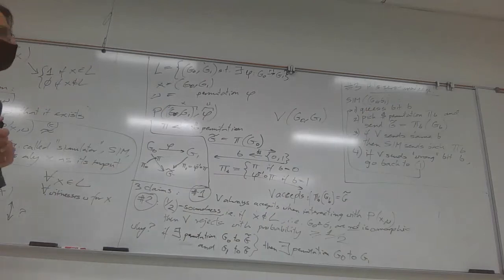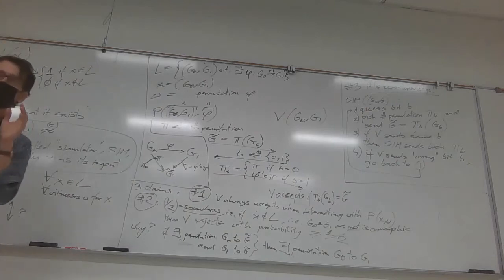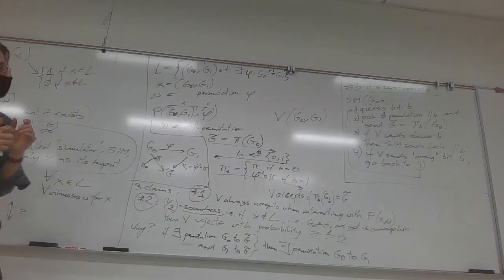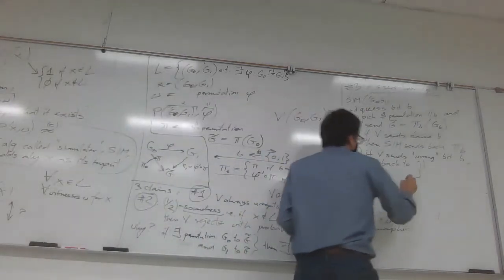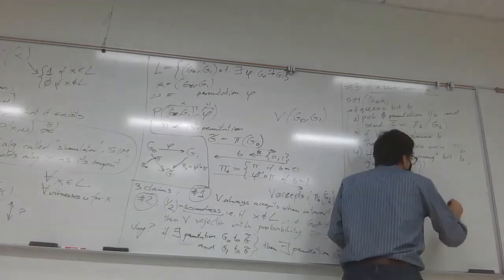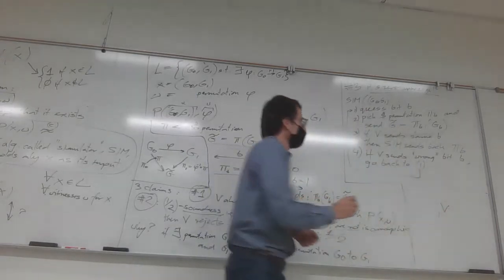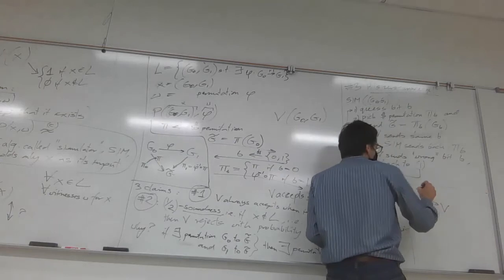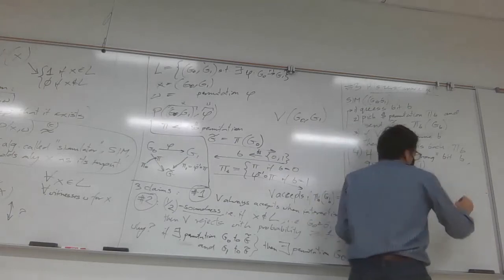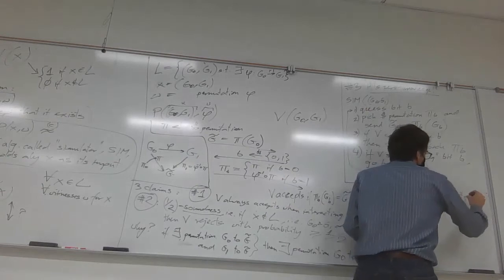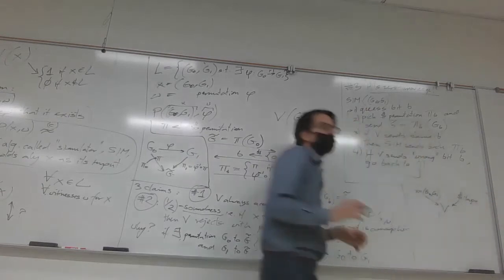This is the most subtle point, because the point is V is an algorithm. V is an algorithm that got X, which is the two graphs, and he has a random tape as an input.